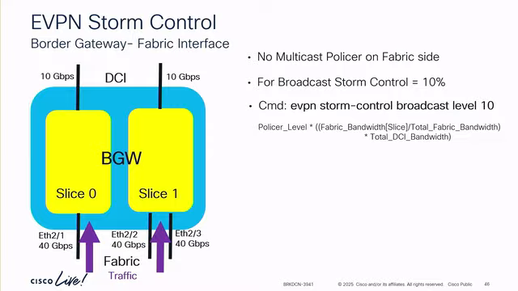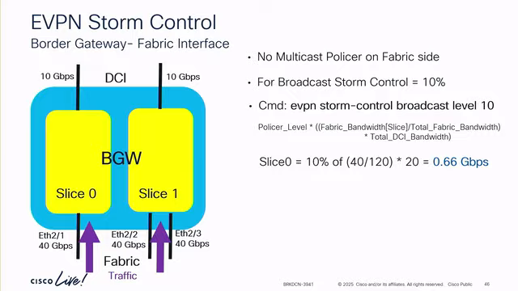Then we have the total fabric bandwidth. So we're looking at slice 0 is here, total fabric bandwidth, 40 gigabits per second, right? Now, then we go to total fabric bandwidth. That is what? That's the total fabric bandwidth that we have across all the slices. So 40 times 3 is 120.